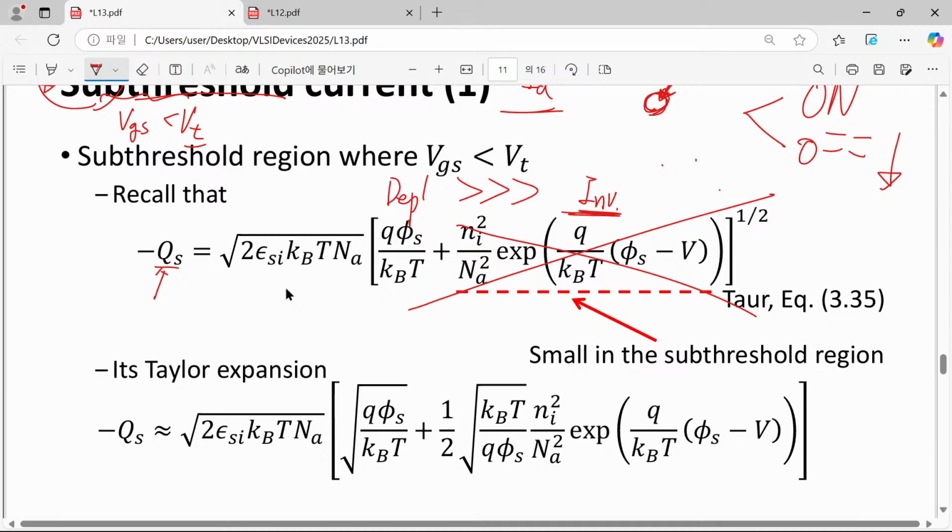If we adopted that kind of crude approximation, it simply means that there is no inversion charge or no electron charge at all, so no current conduction at all. In a rough sense, when we turn off our transistor, that is the ideal case. Although we apply drain bias, there is no current conduction.